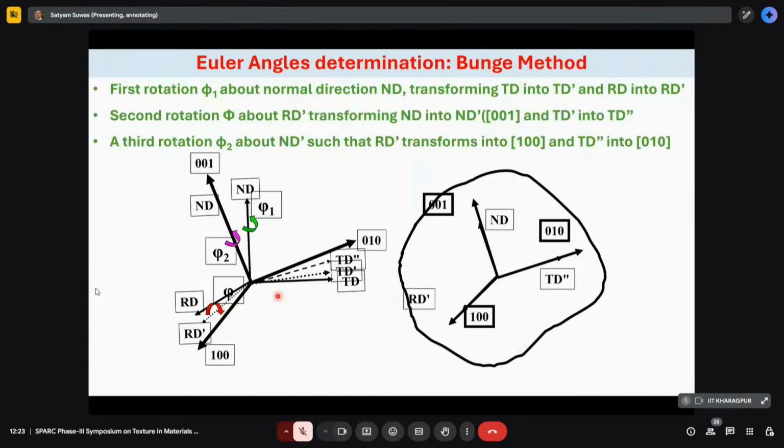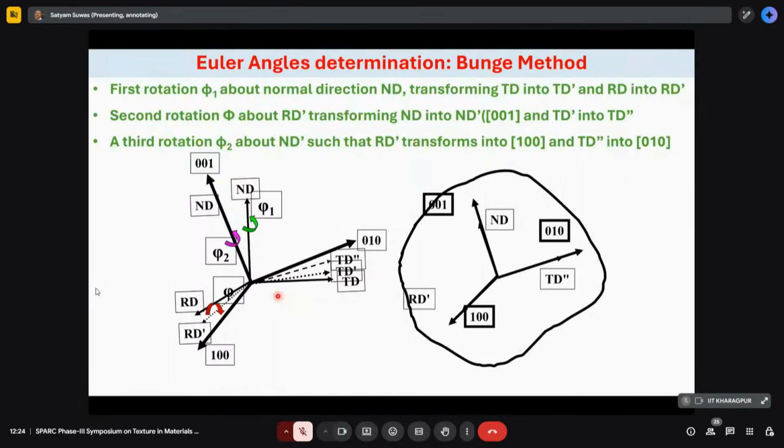Assume that this is a cubic crystal. Now, if I put it here, that means no rotation is required, right? 001 is already aligned along ND, 010 along TD, and the other one is along RD. So in this case phi2 is 0. For this orientation, which is the cube orientation, all the angles are 0.